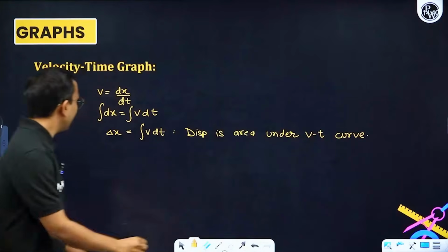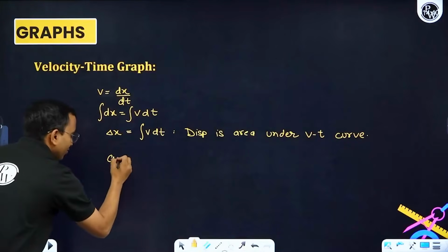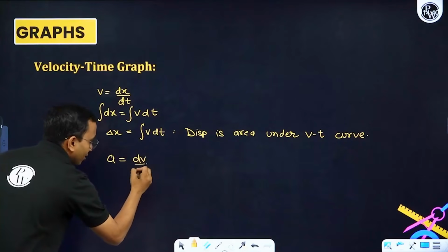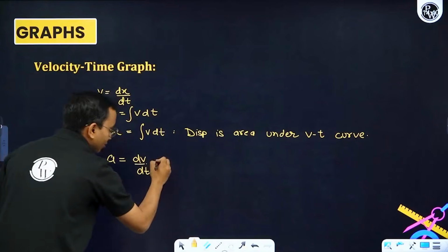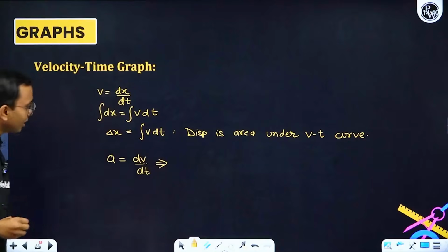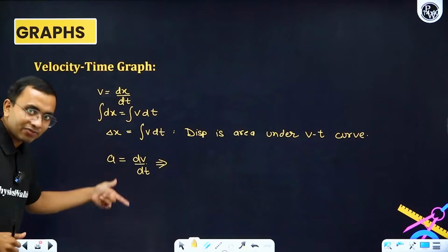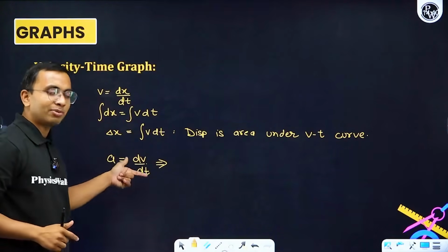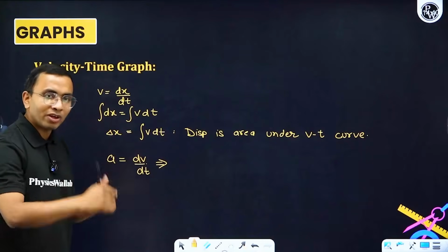Then we wrote a as dv by dt. From here I can say acceleration is the rate of change of velocity with respect to time, which means the slope of the velocity-time curve.